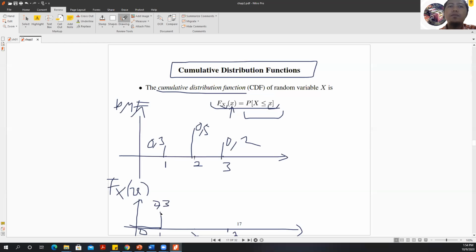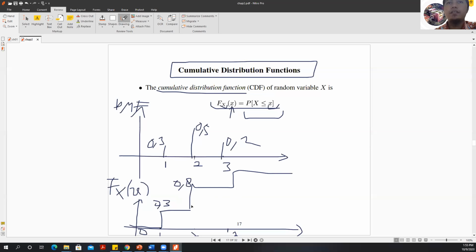Start from 1, and after 1 and before 2 we still have 0.3. After that, going up, we have here 0.8.